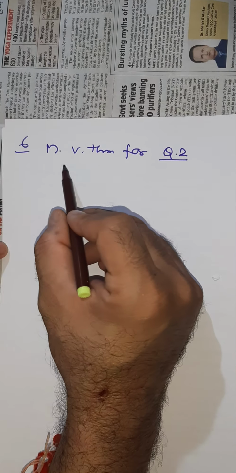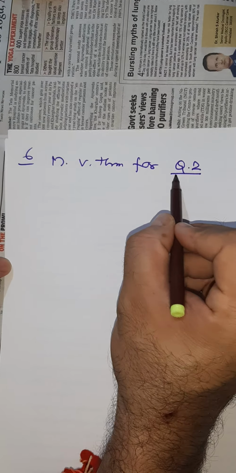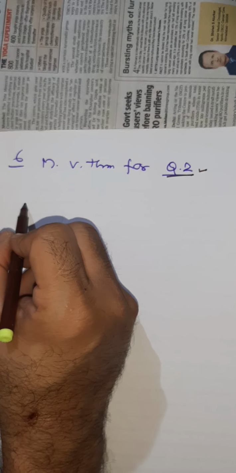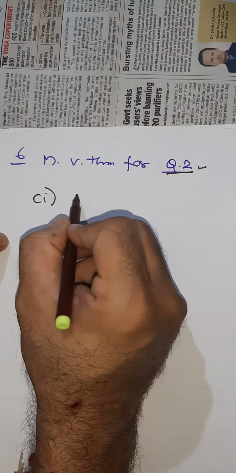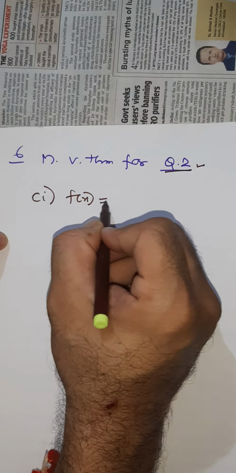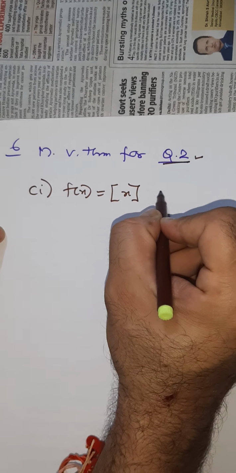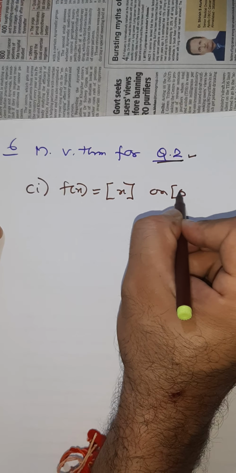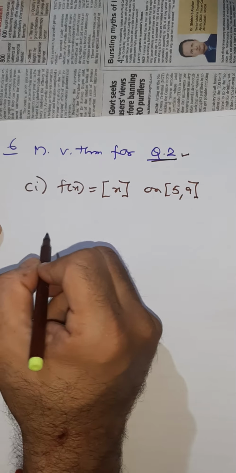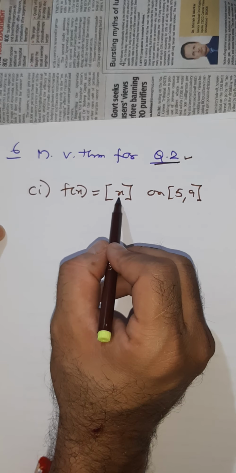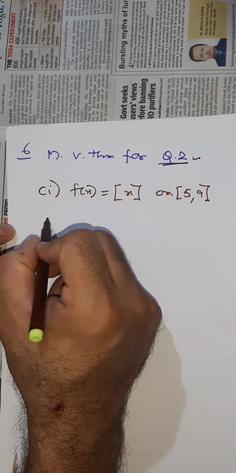Last example, mean value theorem for all 3 functions given in question 2. So go to the first function, f x equals box of x on closed interval 5 to 9. Now you need 2 conditions for mean value theorem, differentiability and continuity.